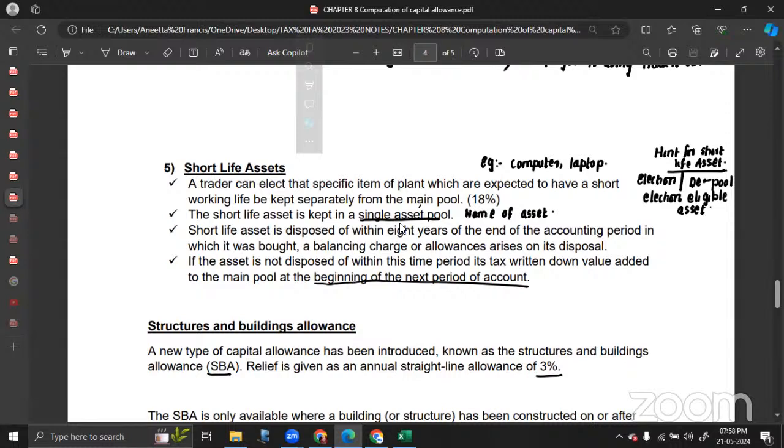If it is sold within 8 years, you will have to calculate.